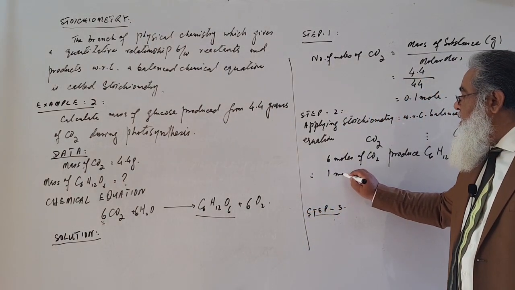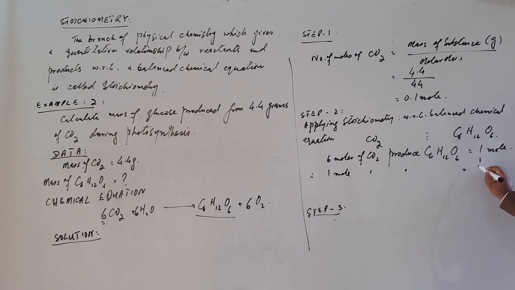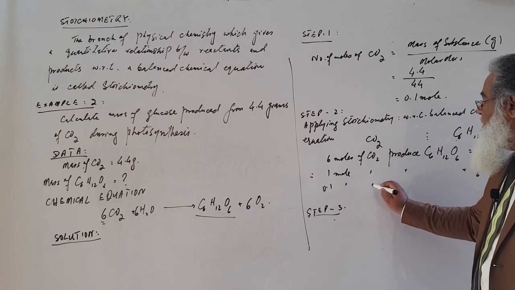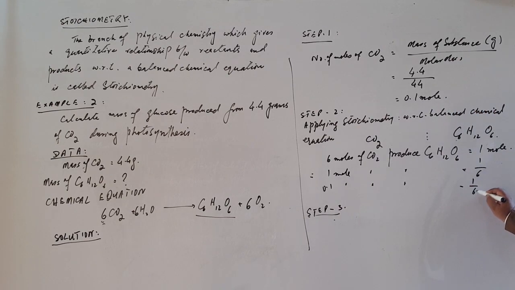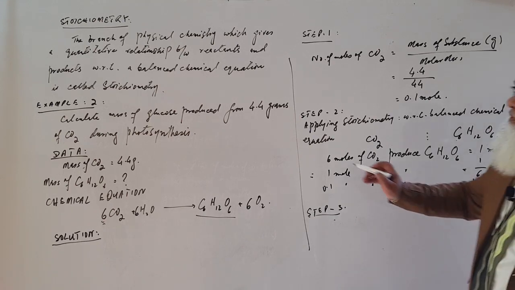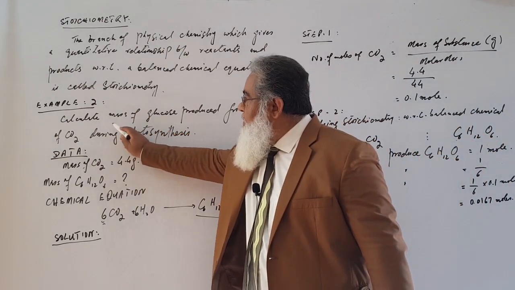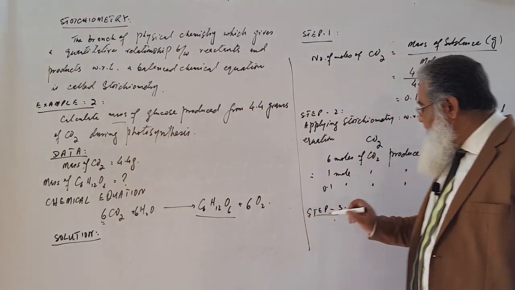Therefore, 1 mole of carbon dioxide will produce 1 by 6, and 0.1 mole will produce 1 by 6 into 0.1 mole. The answer obtained is 0.0167 moles.